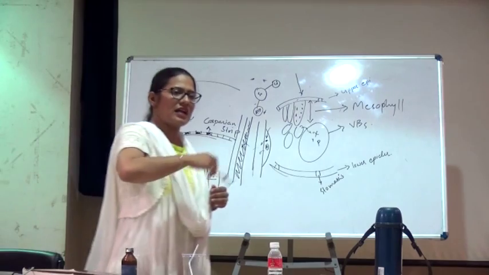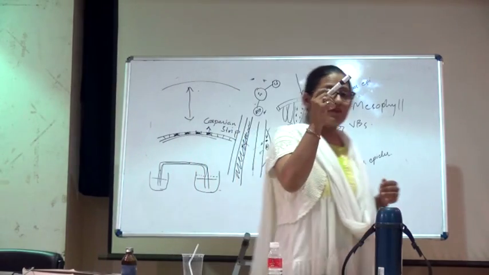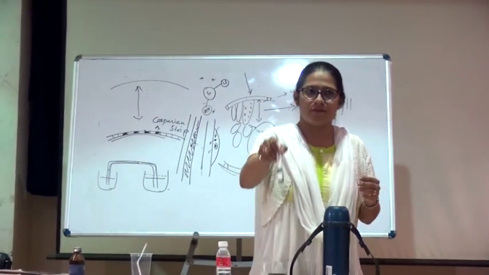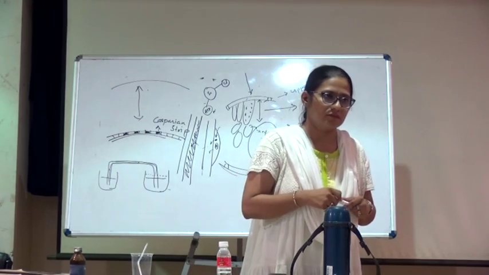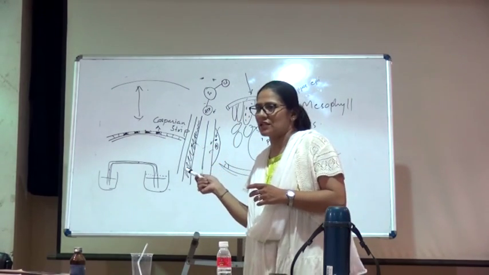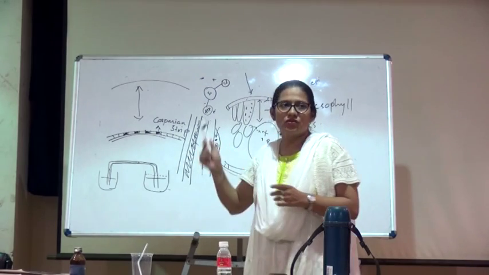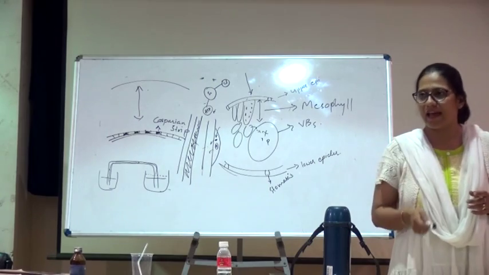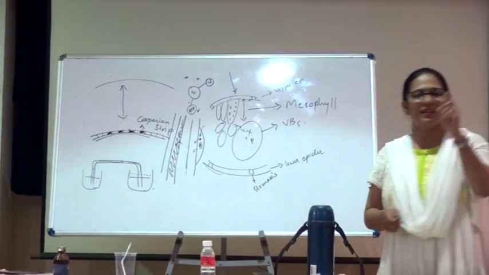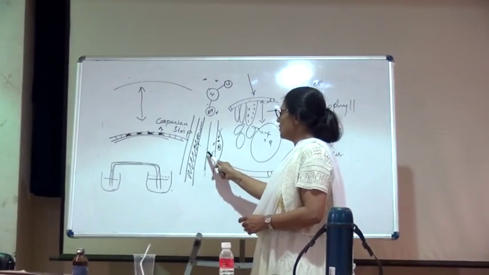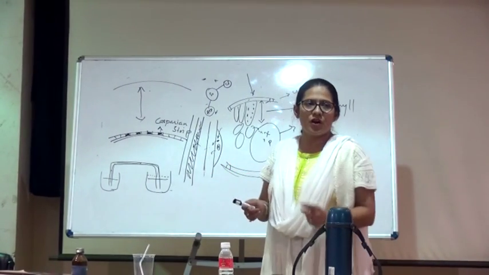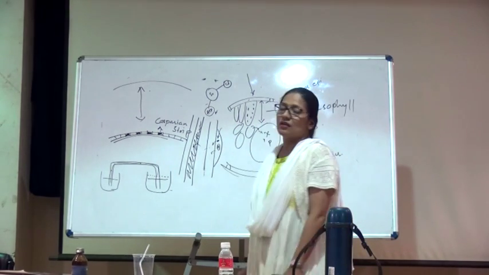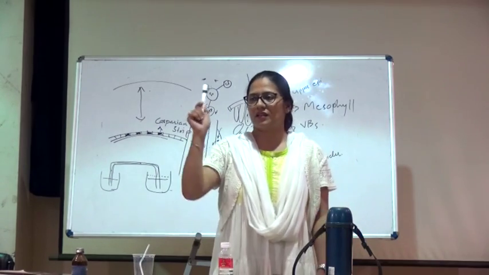Now, initially when we started, I told you about the discrepancy: why xylem for water and phloem for sugar. Here we have the answer: because sugar creates more concentration, it needs help, and that help is provided by the living cell, the companion cell.